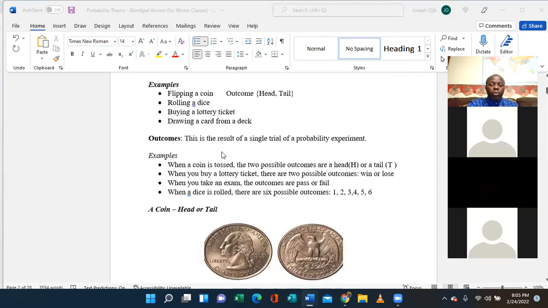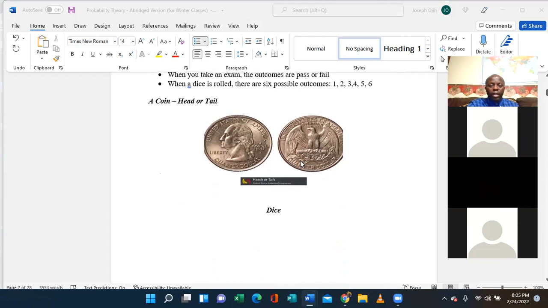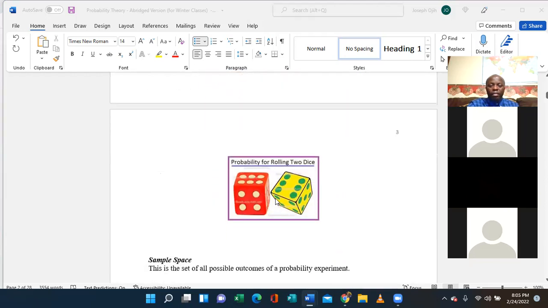If you roll a dice, of course, you know the coin. Look at the coin. This is the head. This is the tail. Now, for a dice, you can see how it looks.